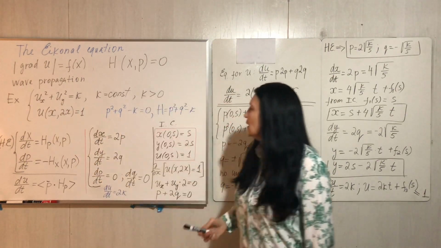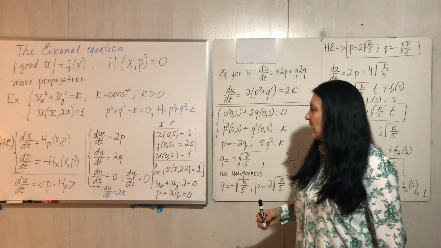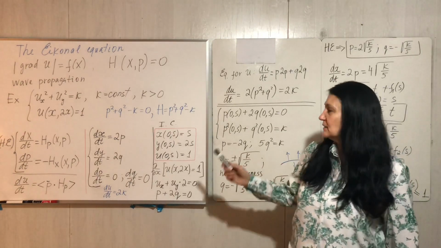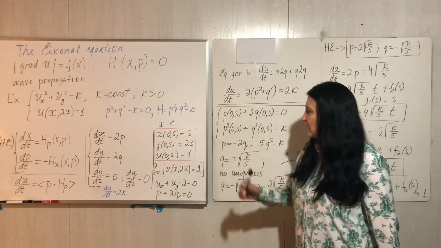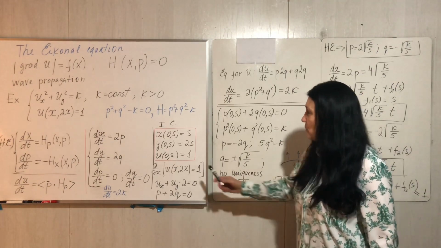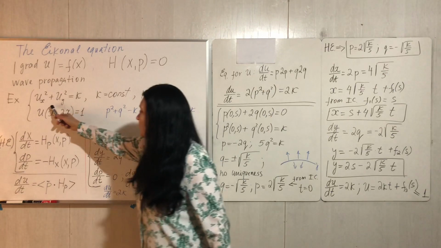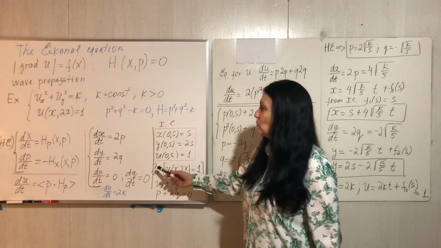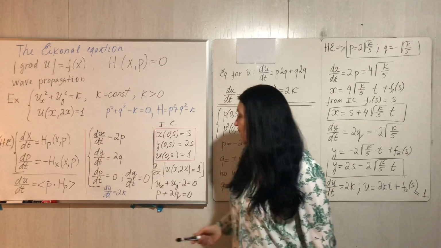We wrote what we have here, and now we need to get initial conditions for p, and we will proceed the same way as we did in the previous example. So we take our equation and differentiate with respect to x, because it depends on x.